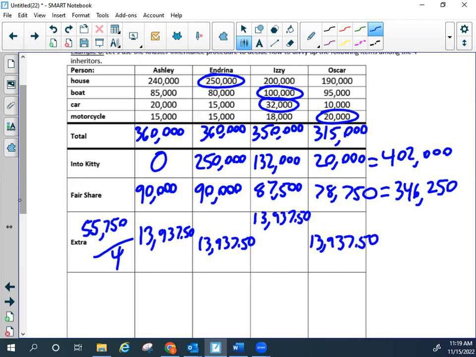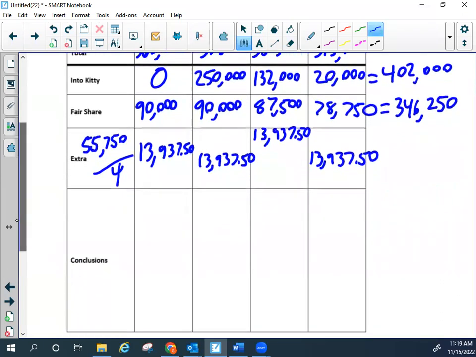So how do we find out how much everybody made or lost? Ashley, we add up her 90,000 plus her $13,937.50. She gets 103,000. Sorry. She gets $103,937.50.